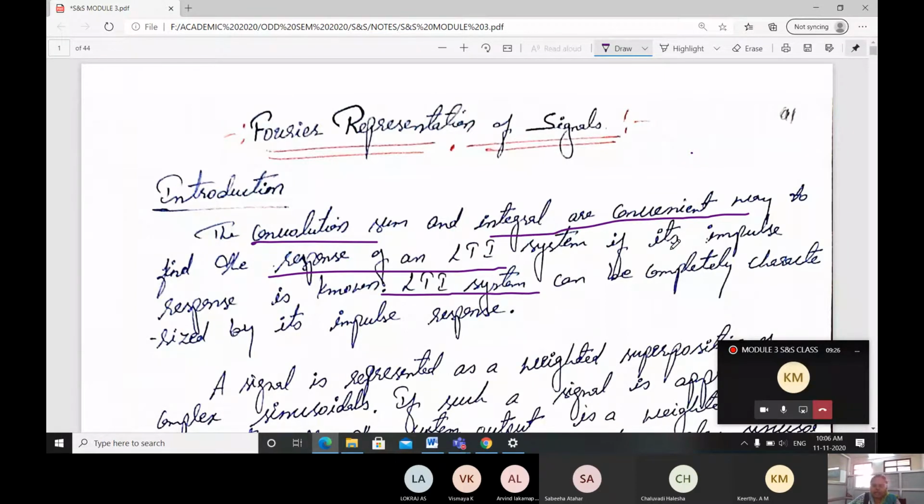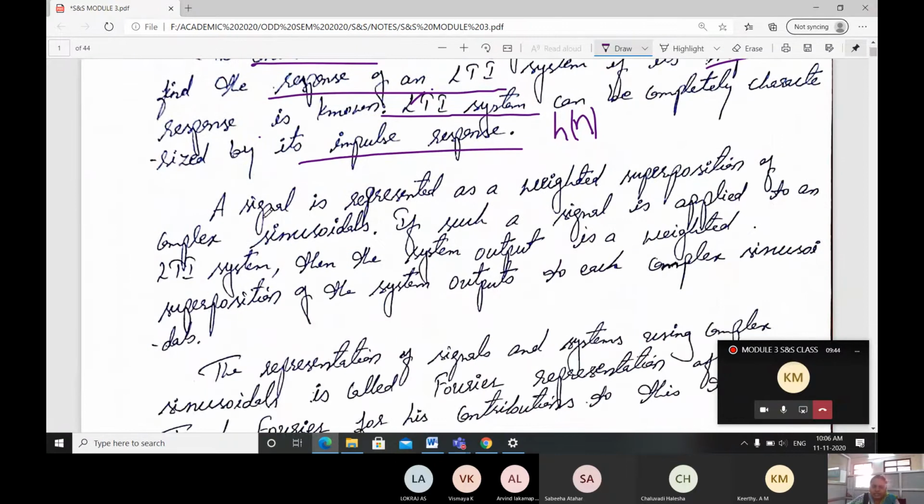The system can be completely characterized by the impulse response. It means we can find the output only from h of n, when the system is LTI. But a signal can be represented as a weighted superposition of complex sinusoids.